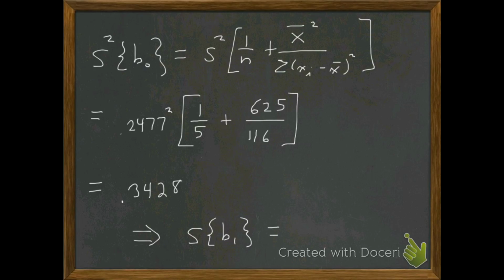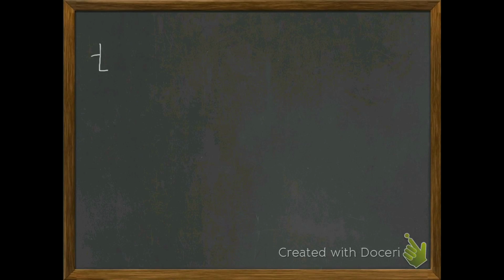Raise that to the 0.5 power, we get 0.5855. So all the calculations we're going to do in terms of calculating our p-value, our test statistic and our confidence interval are going to use 0.5855.